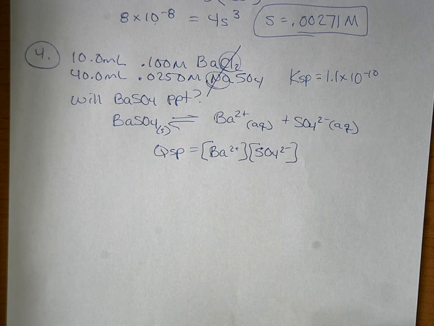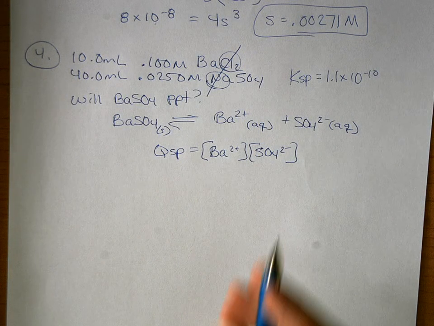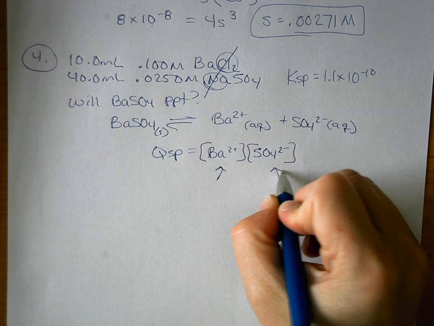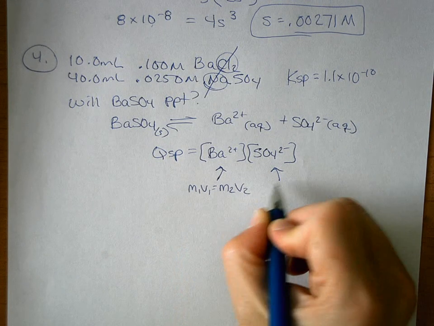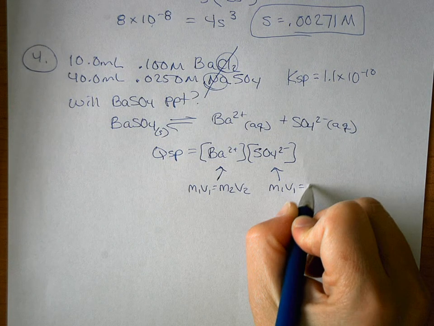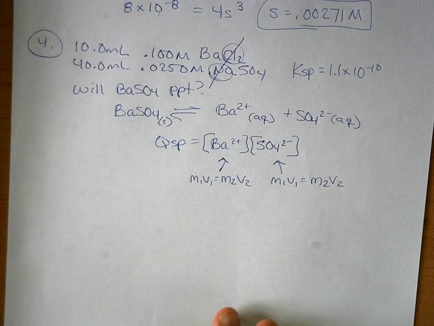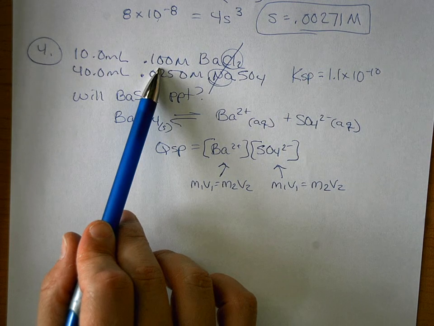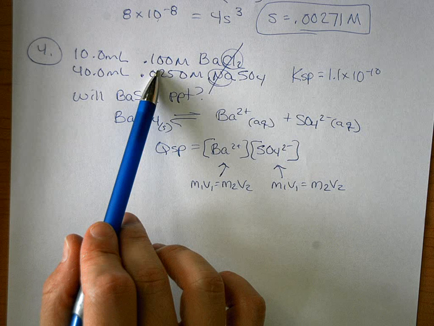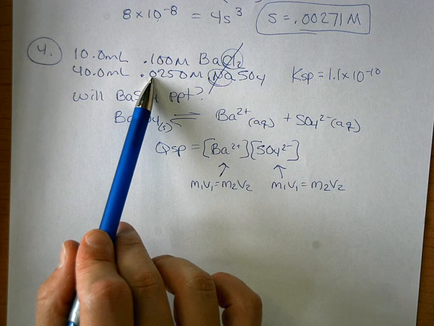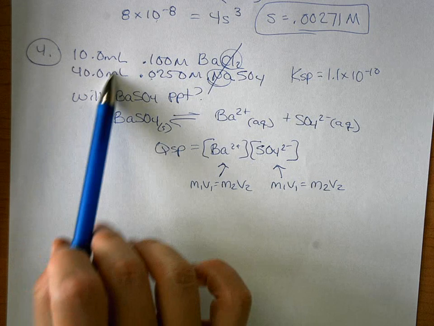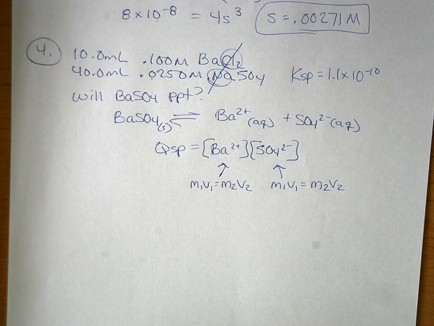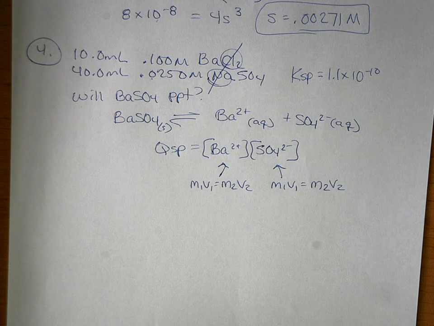Now, in order to figure out these concentrations, I need to do M1V1 equals M2V2. Why? Because I have the initial concentrations of each one. So for barium, the initial concentration is 0.1. Sulfate, the initial concentration is 0.02. But when I combine them all together, the volume changes. And so the concentration changes too.